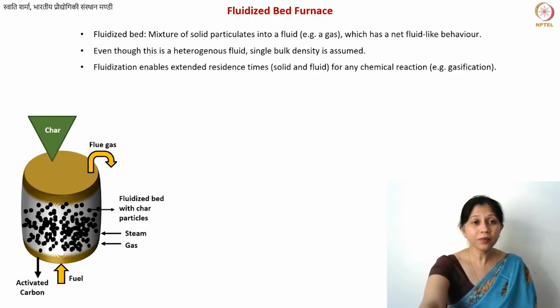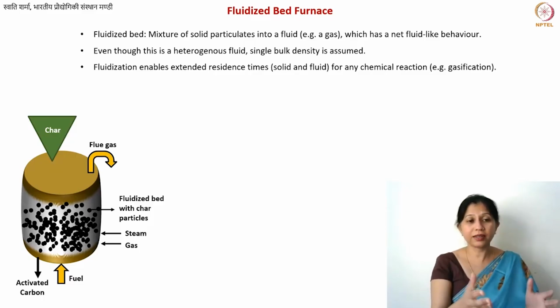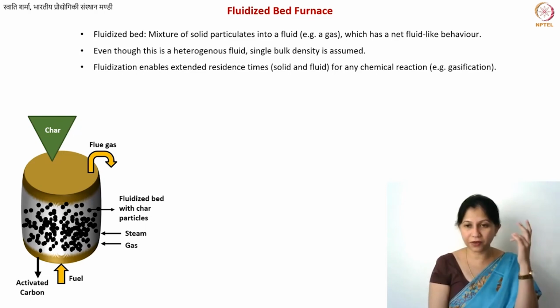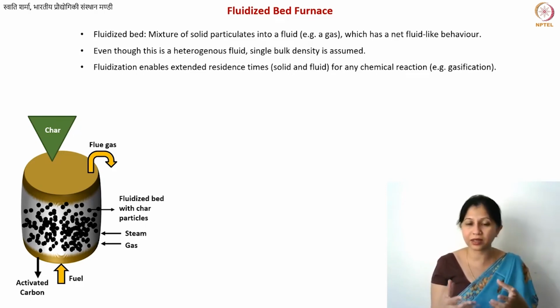Okay. Now, this, of course, is the advantage. So the operation principle is simple. You see in the figure that you have the char in, you have activated carbon out. There is certain fuel, there is certain gas and steam injection, and the flue gas, the exhaust gas, can go out from somewhere.